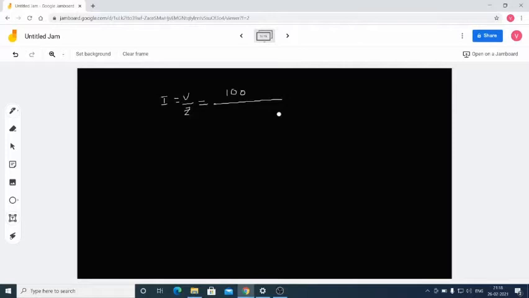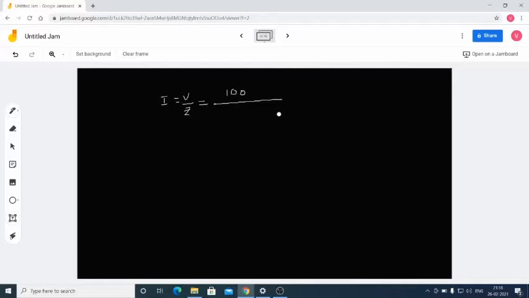Third one: power at resonance. Power means the power dissipation because of the resistance, which we find with the formula I square into R. The current is given as 2, so 2 square into the resistance, which is 50.